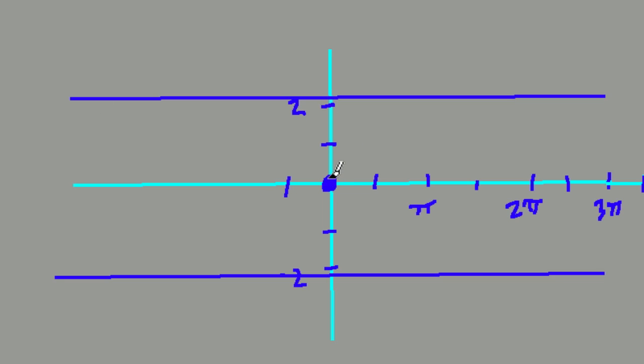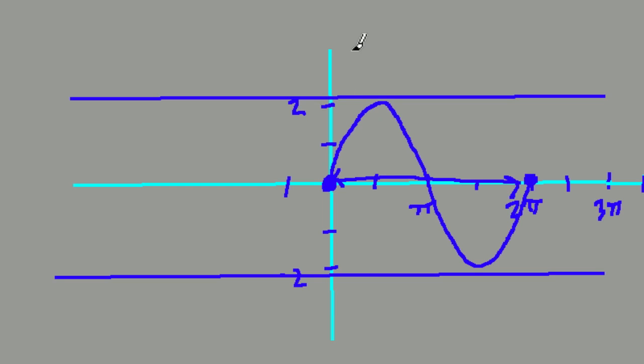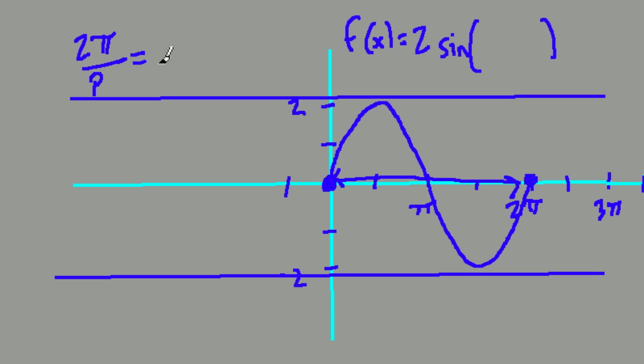Well, if we saw a picture that goes up and then comes down and goes to here, we know that the period is going from 0 over to 2 pi, and we know that the amplitude is going up and down to 2, so I know the function would have 2 for the amplitude, and the sine. Well, I want to know what my coefficient is. To find that out, I take 2 pi over the period equals the coefficient.